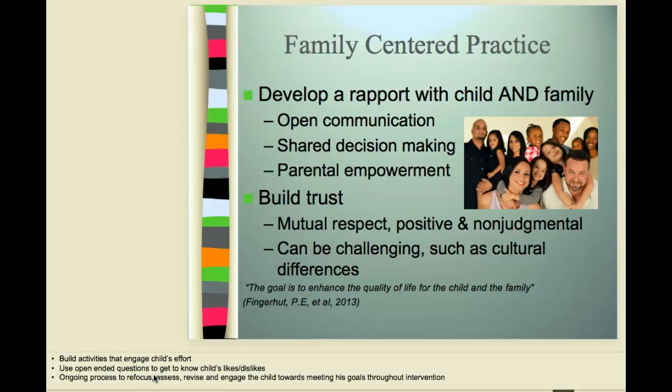And getting to know them and what their preferences are. And remembering that, again, it's the family, it's the child, and you really need to know and understand them. And the only way to know and understand them is to ask questions. Okay, so don't be afraid to ask questions, and hopefully you make sure that they're open-ended questions, so we're not getting a lot of yes and no's from parents.